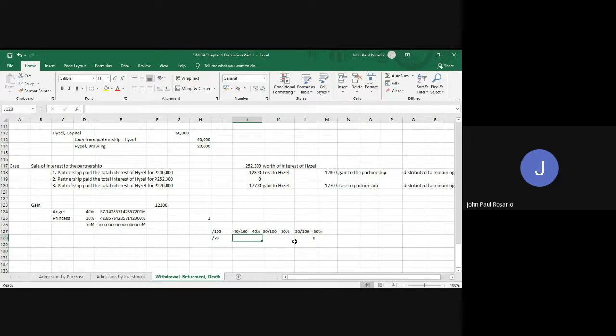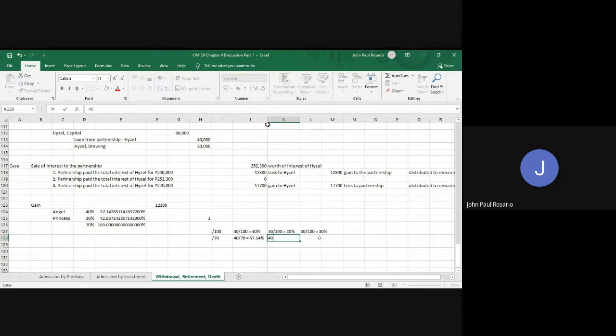So, meaning, ilang new share would be 40 over 70, which is approximately 57.14%. While ang kang Princess would be 30 over 70, which is approximately 42.86%.